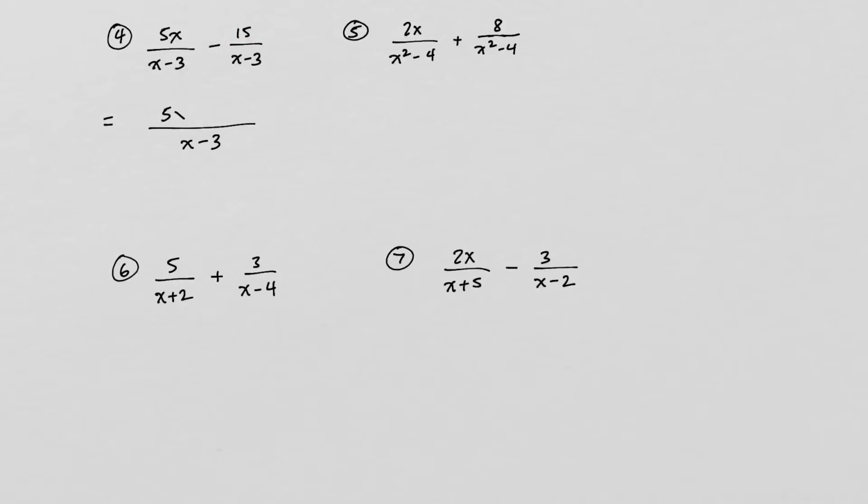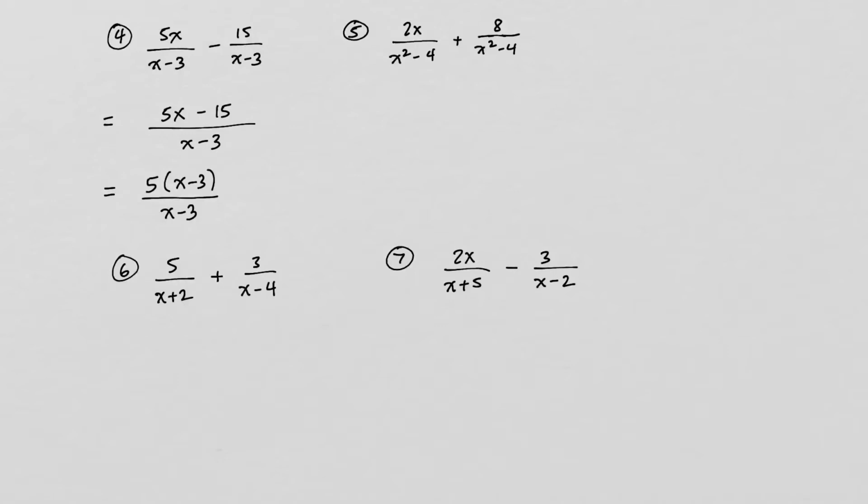And so 5x minus 15 over x minus 3. And this is the answer, but we need to consider simplifying. Simplifying is a little bit more involved. What we need to do here is factor out the greatest common factor in the numerator, which is 5. And that gives us 5 times the quantity x minus 3 over x minus 3.